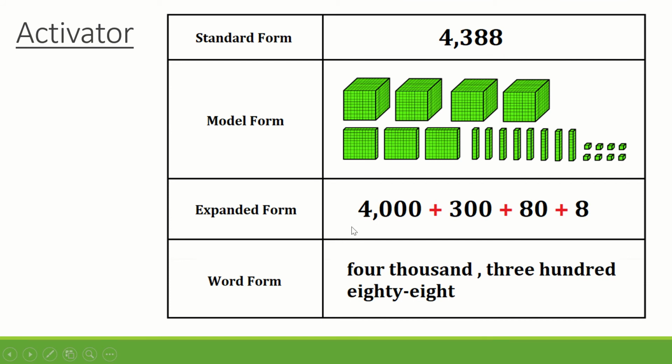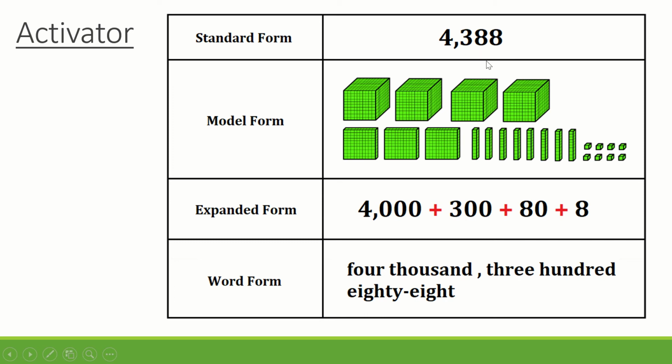And so, as far as its expanded form is concerned, we can recall that to write a number in its expanded form, we basically need to note the value of each of the digits. And so this 4 has a value of 4,000. This 3 has a value of 300.